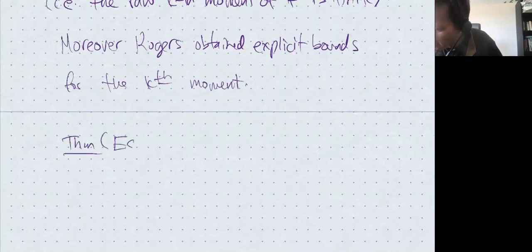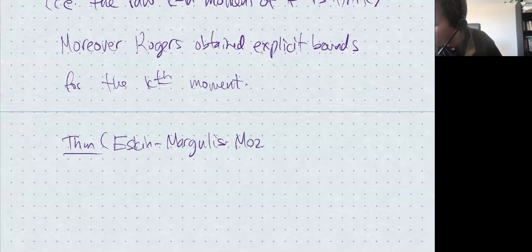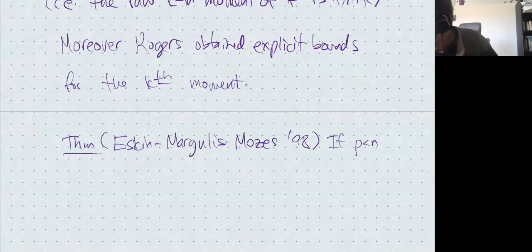I'm writing a reference which might not be the first reference. I know this from a paper of Eskin, Margulis, Mozes from 98. Maybe this was known before. This is not the point of the Eskin-Margulis-Mozes paper. Maybe this was known before, but this certainly appears in that paper. So if you have, I'm writing p, not p for a prime, but for L^p spaces.